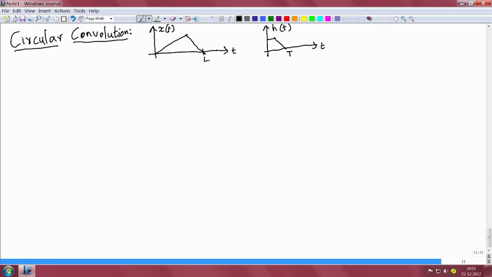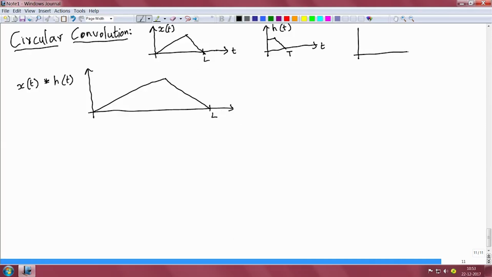Now typically you know how the linear convolution operation is done. For the linear convolution, x of t convolved with h of t, we take the signal x of t and we take the reflection of the other signal, which is h of minus t, which would look something like this.